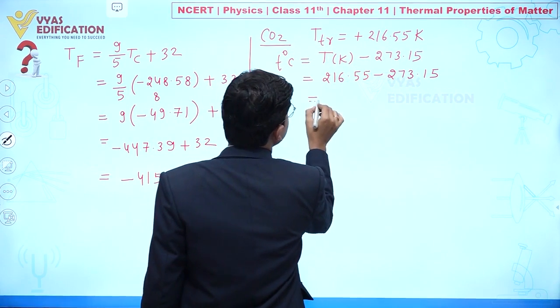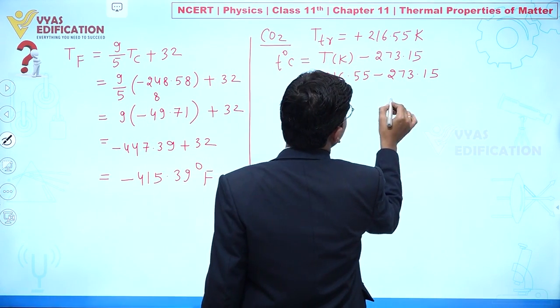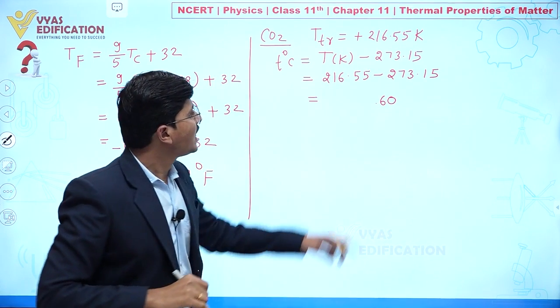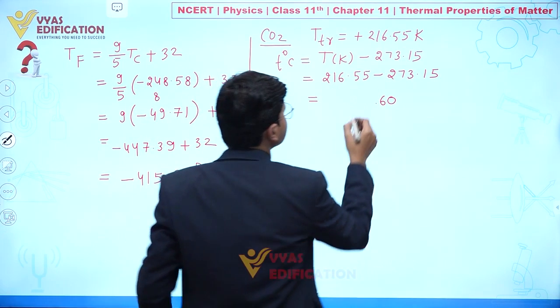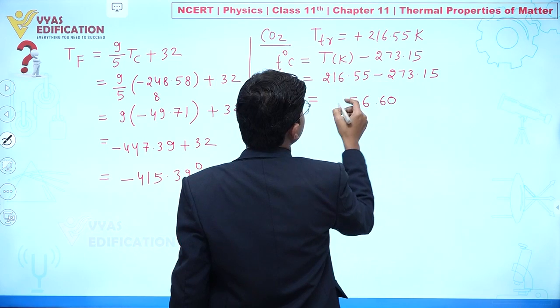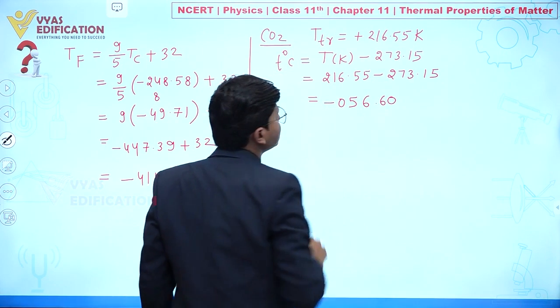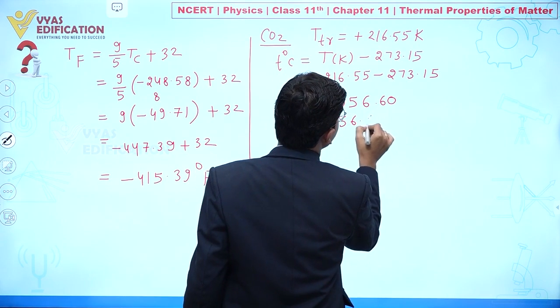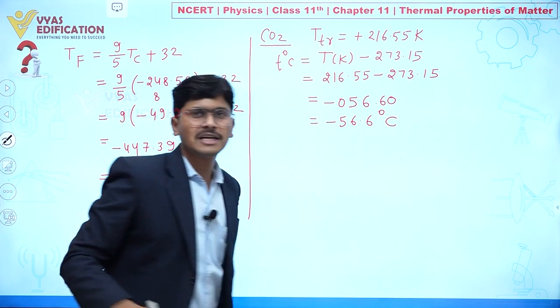So from here, if we subtract, we get 0 and 6, then 12 minus 6, again we have 6, then 5, and 0, and we write minus. So from here you can see we are getting the answer minus 56.6 degrees Celsius, clear to everyone.